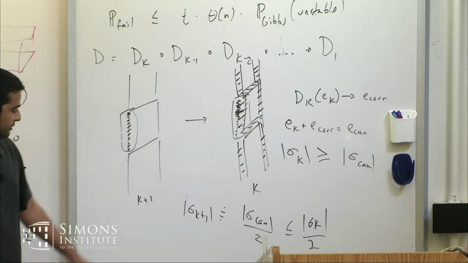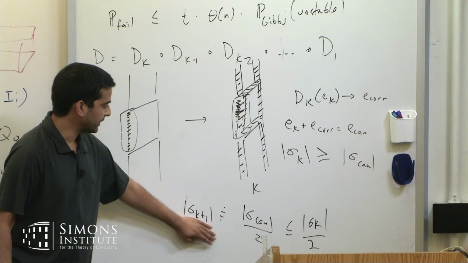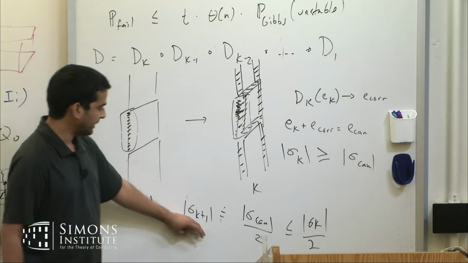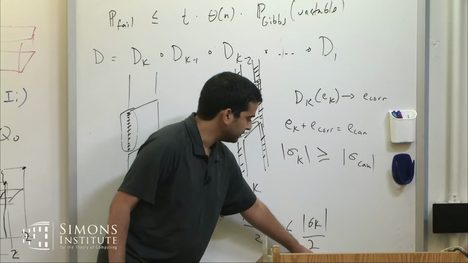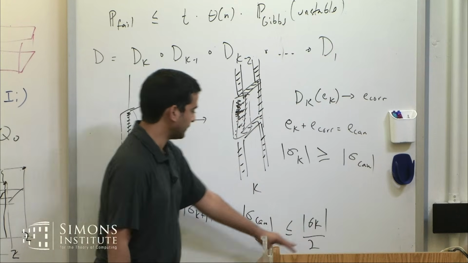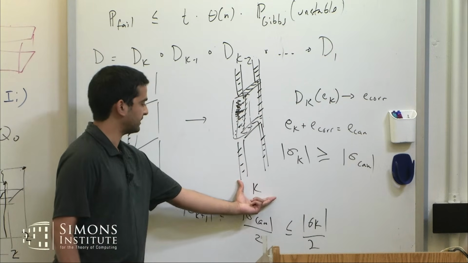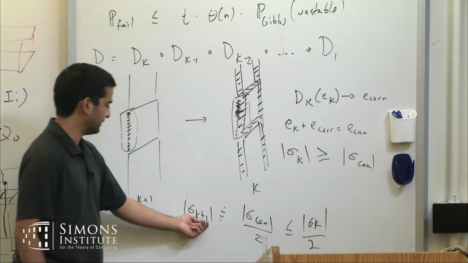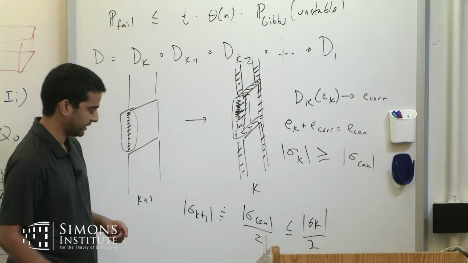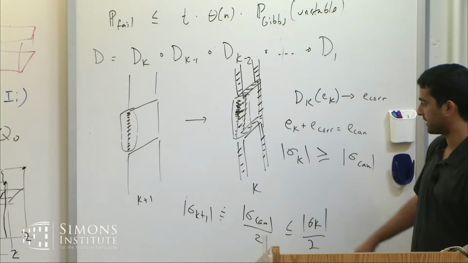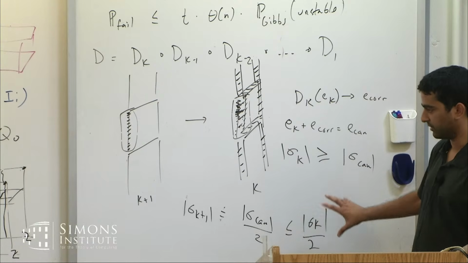So this essentially means that the syndrome weight upon applying the decoder and then lifting into this copy is less than or equal to 1/2 the weight of the syndrome. So the weight of the syndrome at the kth stage divided by 2 is greater than the weight of the syndrome at the k+1 stage. And so, okay, this property for the decoder is actually very important and very useful.